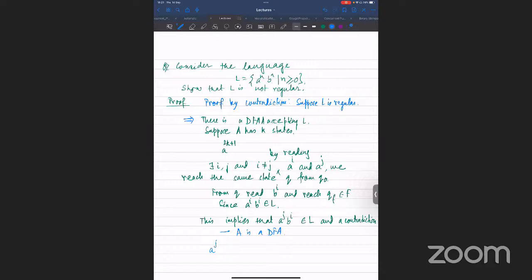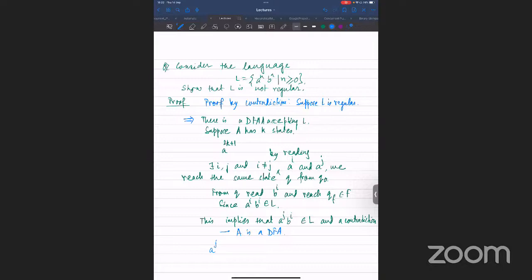When you consider the NFA, there can be a run in the NFA so that you reach the same state.